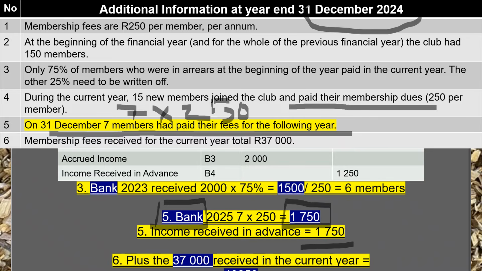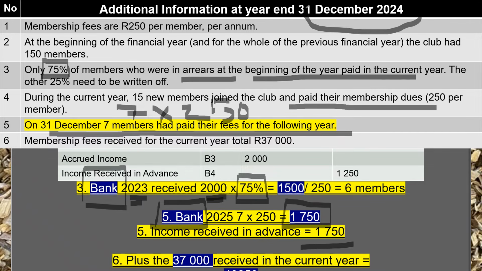Now, number 3, also our bank from 2023, 75% of those who were in arrears, accrued income, those that were owing us money, paid us. Because there it says 75% of the members who were in arrears at the beginning of the year paid us.